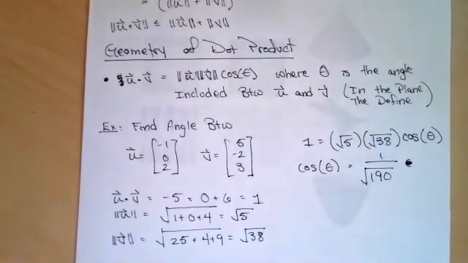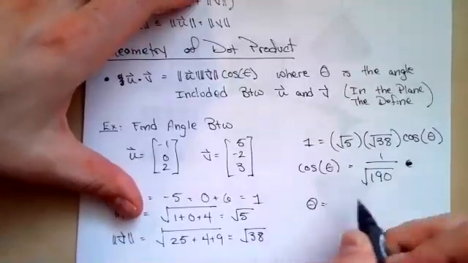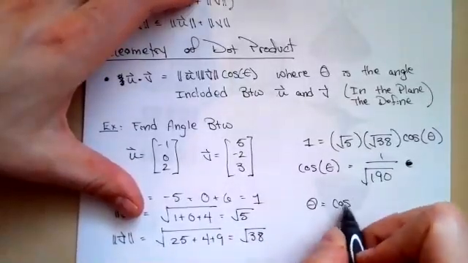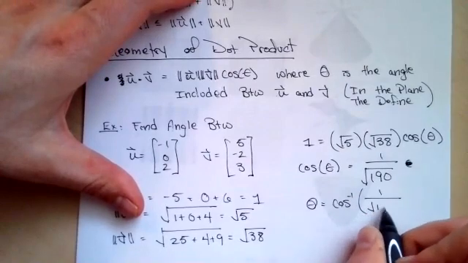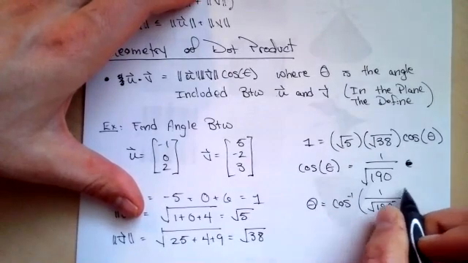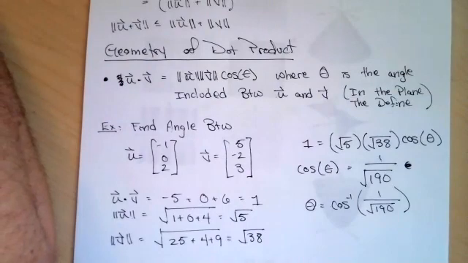And unfortunately, if the numbers aren't nice enough, about the nicest thing we can get without a calculator is going to be inverse cosine of 1 over square root of 190, which if we wanted to use a computational device, let's check it real quick.